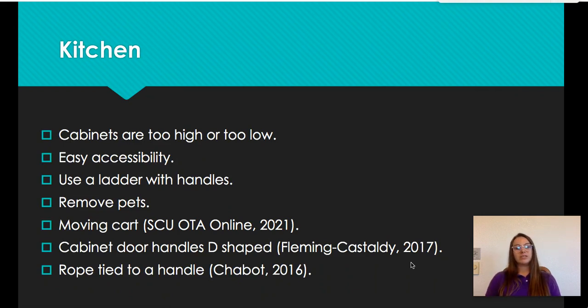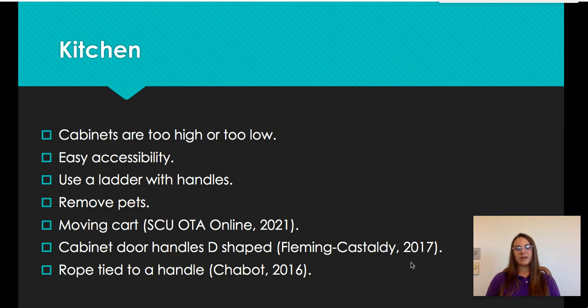So for the kitchen, another thing to identify is if the cabinets are too high or too low. We want to make sure that if they are too high or too low, we place items in easily accessible locations. So you might want to place the food at the bottom of the kitchen counter and not high up.